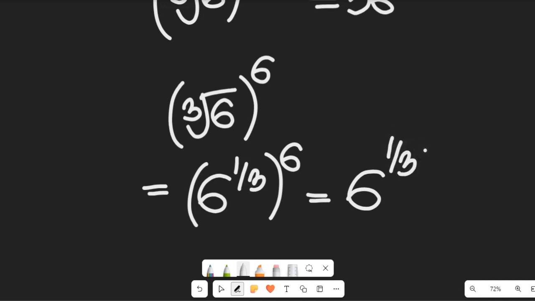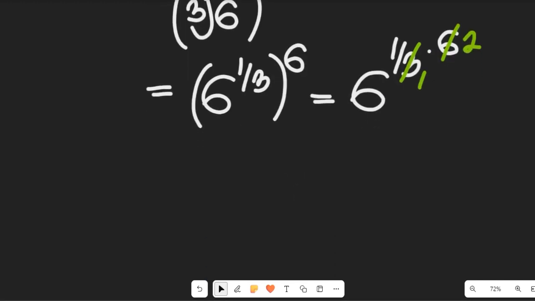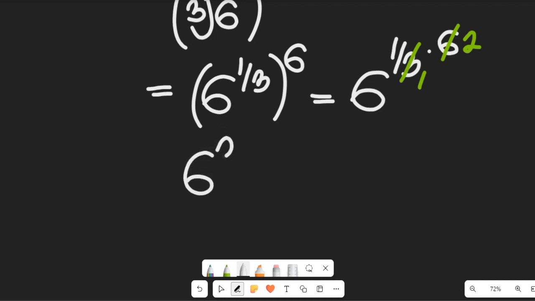Remember the law of indices, the powers will multiply. And if the powers multiply, 3 here will give us 1 and 3 will give us 2, and so we'll be left with the solution to become 6 to the power of 2. Now 6 to the power of 2, is it equal to 36?